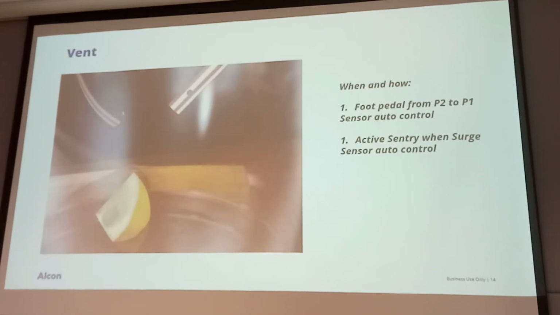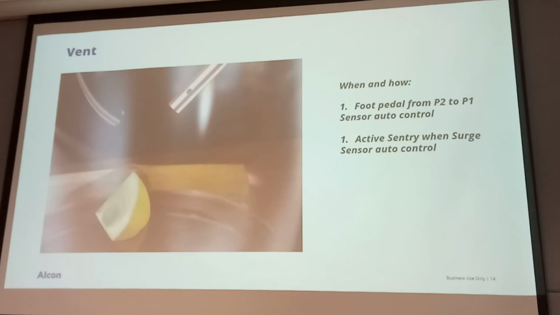Irrigation only. We do not need vacuum anymore, right? But the nucleus is still held when we go back to position 1. So the machine will automatically vent for us, not in our control. When we touch the foot pedal to go to position 1, it will release the nucleus by machine control.